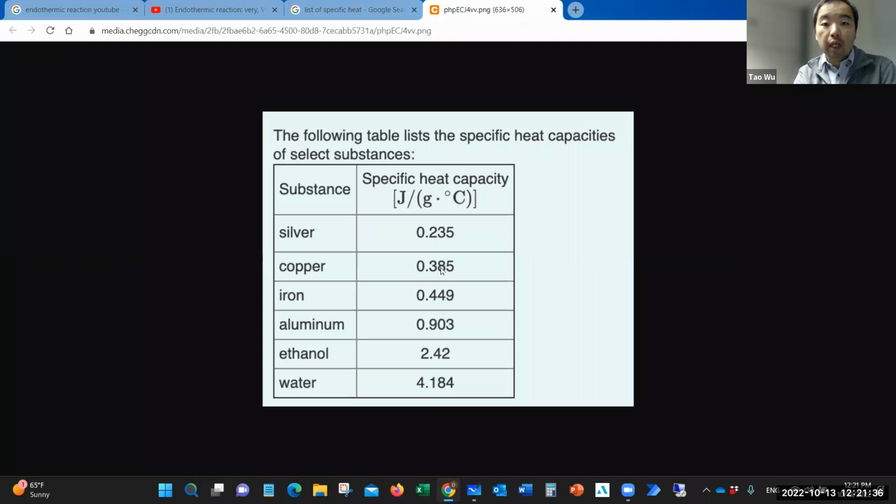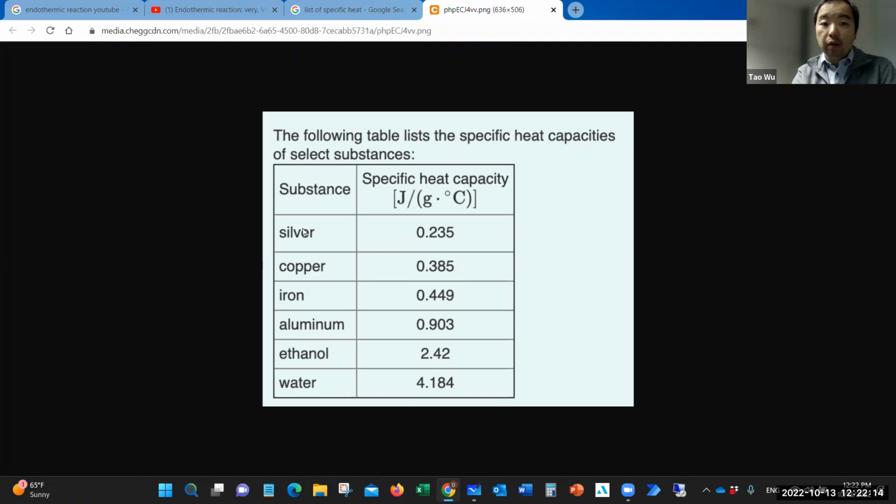It's almost 20 times the difference. In other words, with the same amount of energy, I can raise the silver by about 20 Celsius for every 1 Celsius of water. So if we heat up silver and water, silver will definitely heat up much faster than water. Does that make sense?